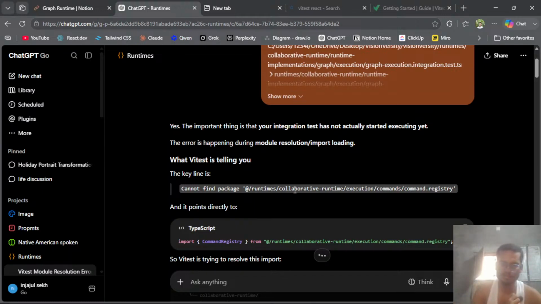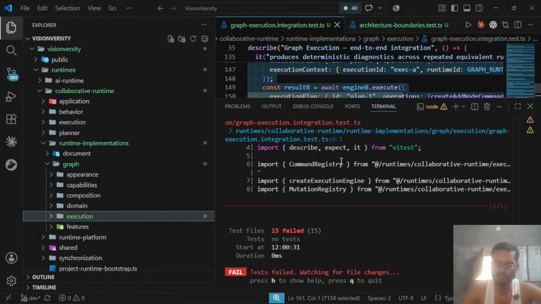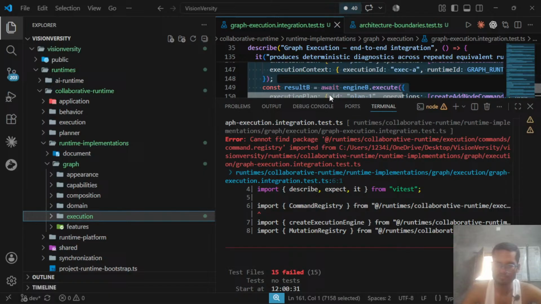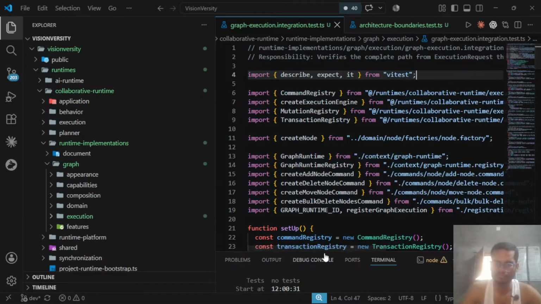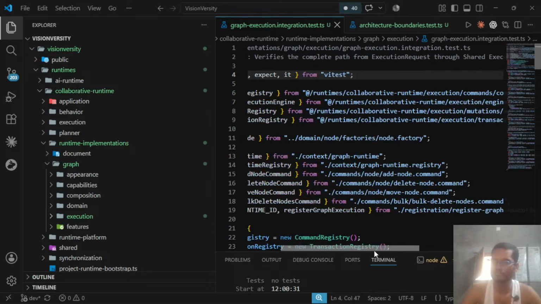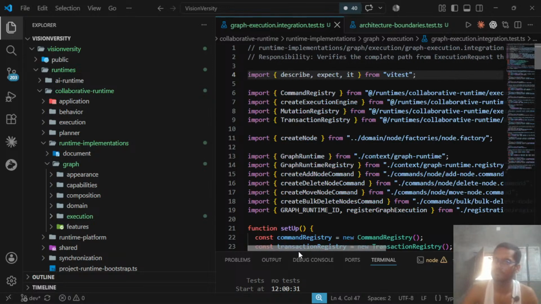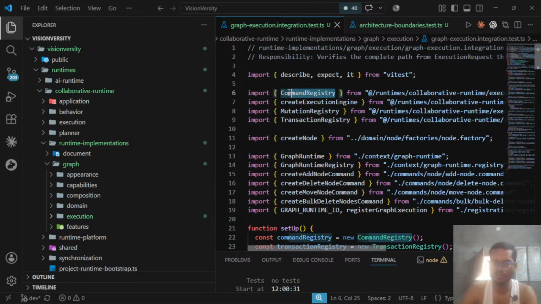Okay, runtime collaborative execution. Where are the issues? Let's see if there is any common registry.